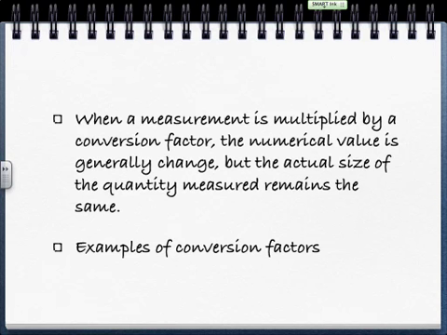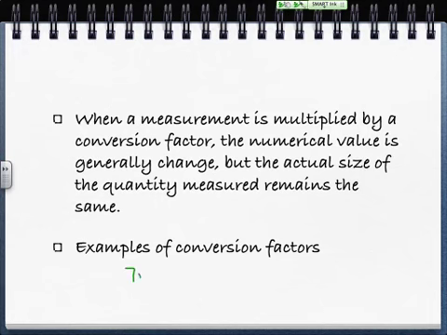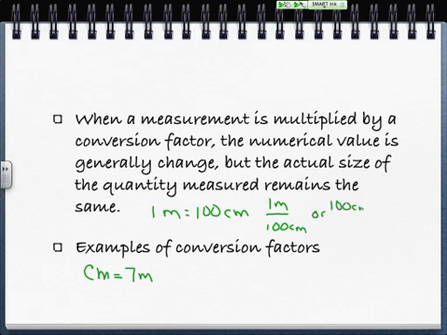So we can do some examples of converting here. Let's say I have 7 meters, and I want to convert that to centimeters. My conversion factor, we said, 1 meter equals 100 centimeters. And I can create two ratios, one like this, 1 meter over 100 centimeters, or 100 centimeters over 1 meter.